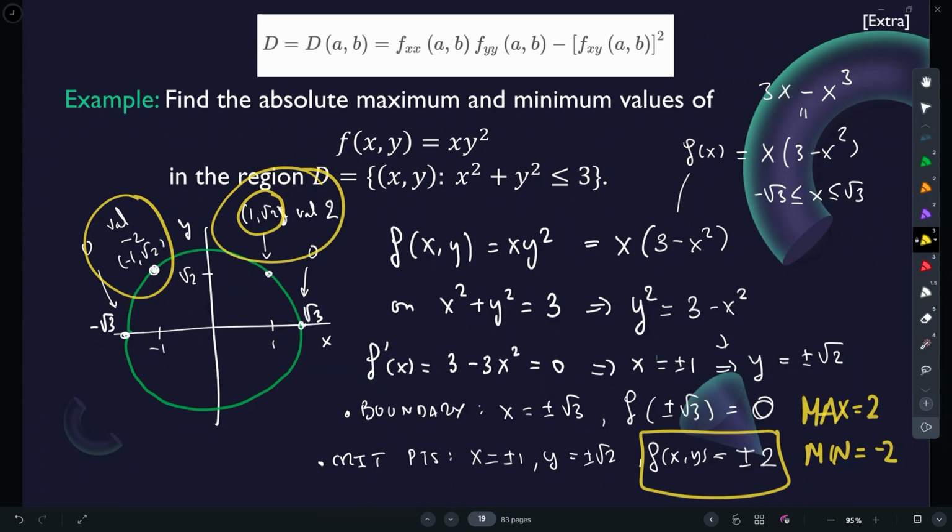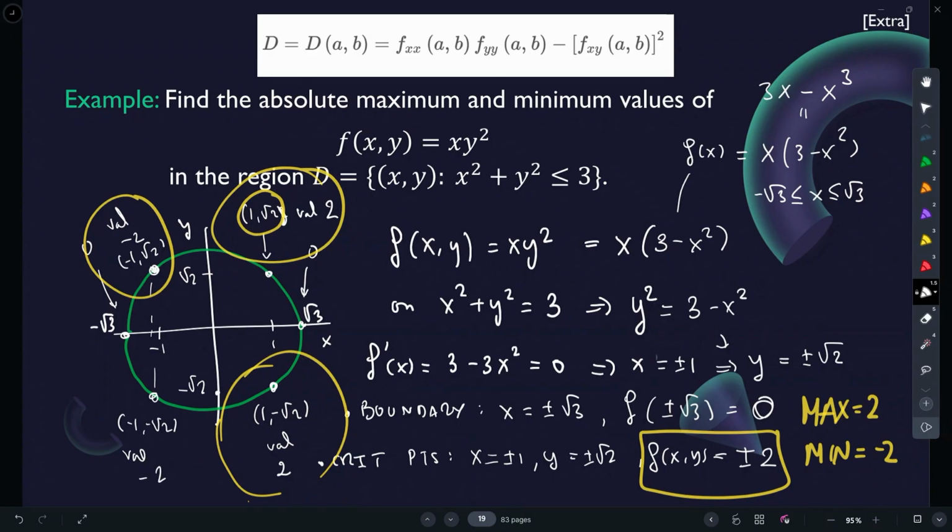So the max is 2, the min is minus 2, and they happen at that point and at this point. They also happen there, actually, yes, because the y is plus or minus, so you're totally right that if you go here to minus the square root of 2, there is another point, 1 minus the square root of 2, where the value is also 2. So here's another point where there's a maximum, and it also happens at the point minus 1 minus the square root of 2, the value there is minus 2, so that is also a critical point.